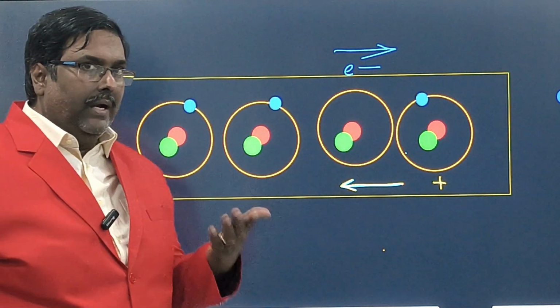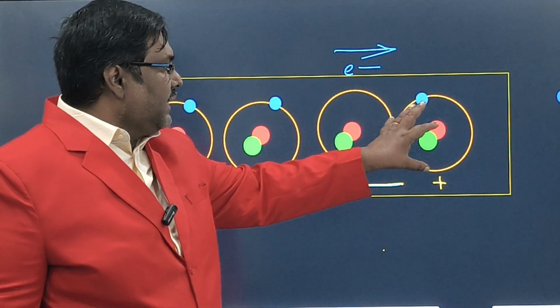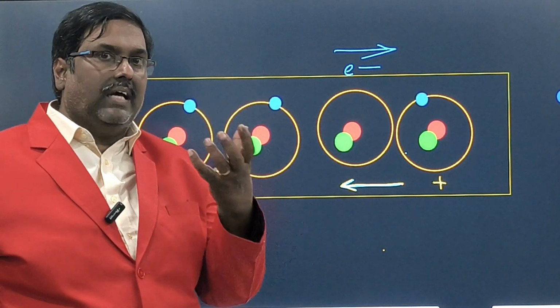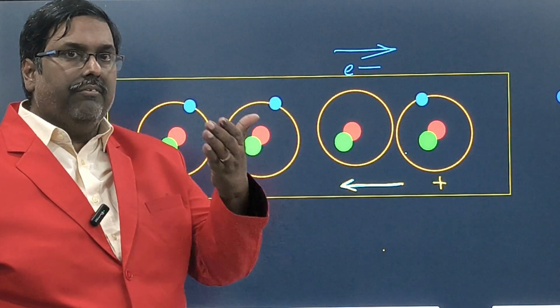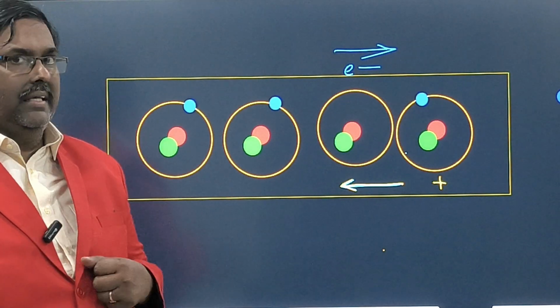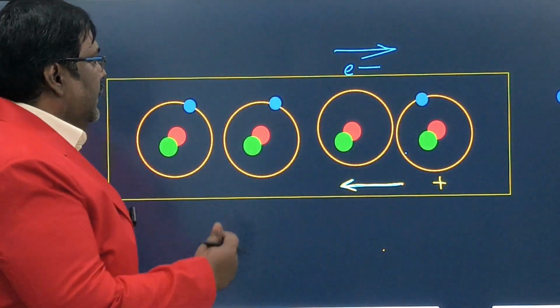Now you understand a little bit what I am trying to say. The electron is moving in this direction. At the same time the proton is not moving, but the charge of the atom is transferring from one atom to another atom. That is the important thing. You have to understand the basics.